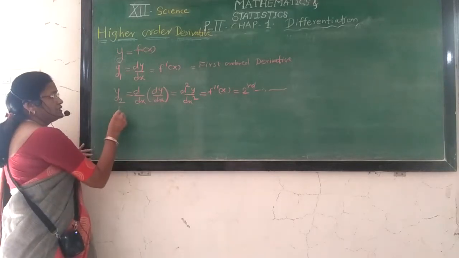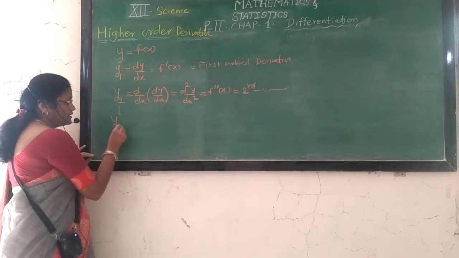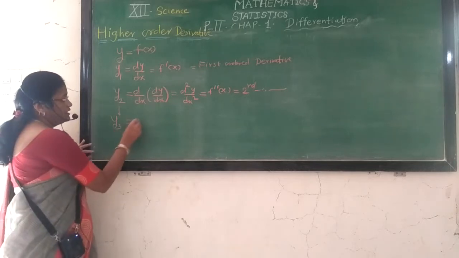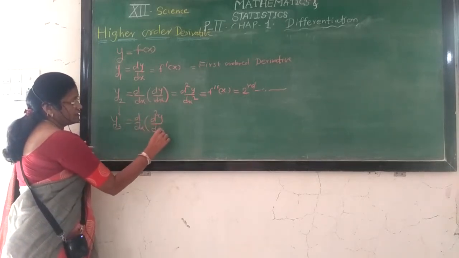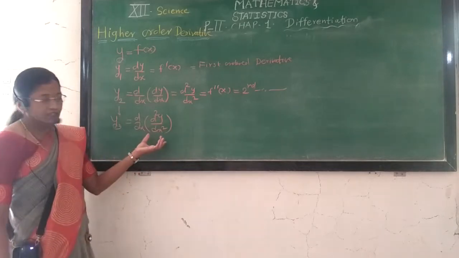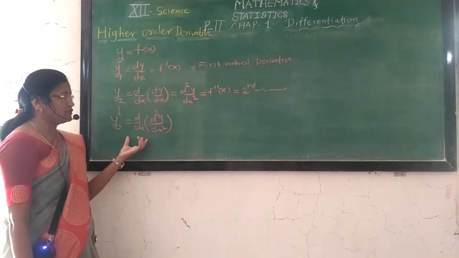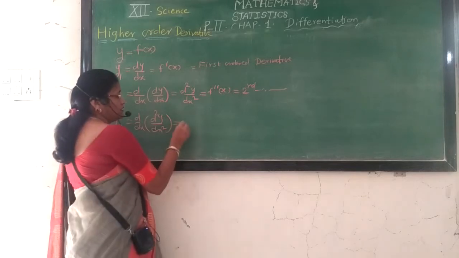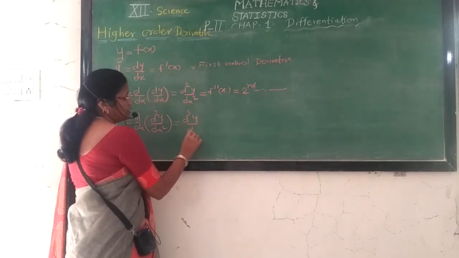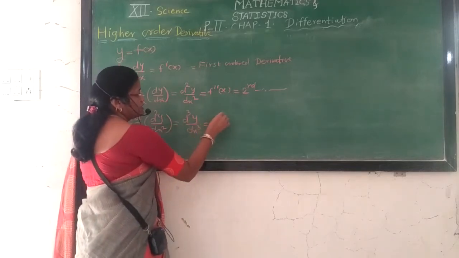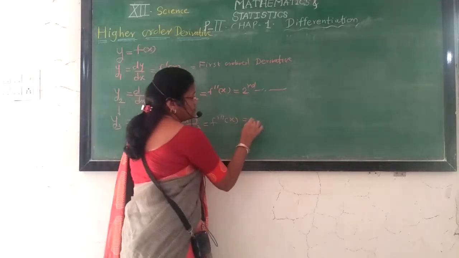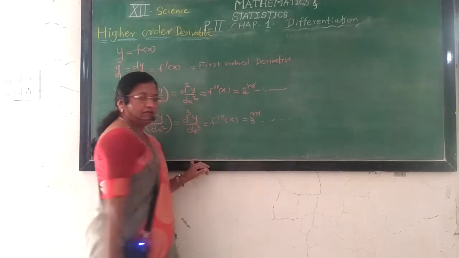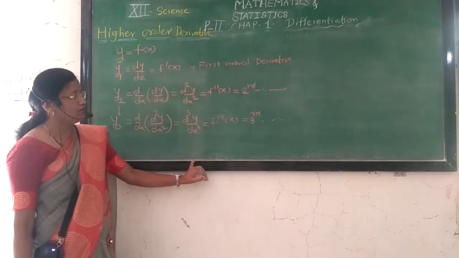Now again differentiate this with respect to x. We get here y3, d by dx of d2y by dx square. Differentiation of the second order with respect to x gives the third order, we get here d cube y by dx cube, which is denoted by f triple dash x, and which is called the third order derivative of the given function.